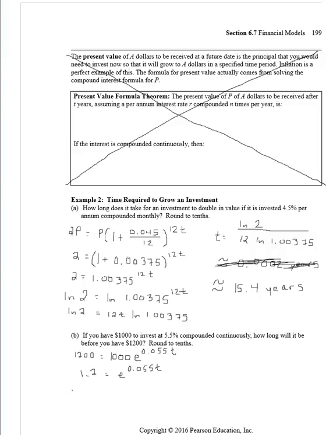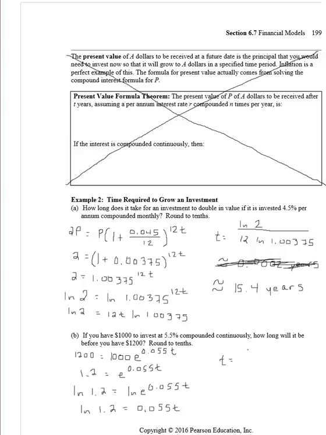And if we take the natural log of both sides now, natural log of E. Remember, the natural log and the E cancel each other out, so we have natural log of 1.2 equals 0.055t.